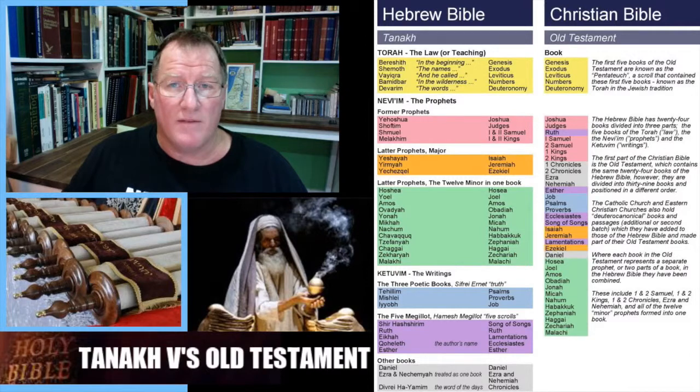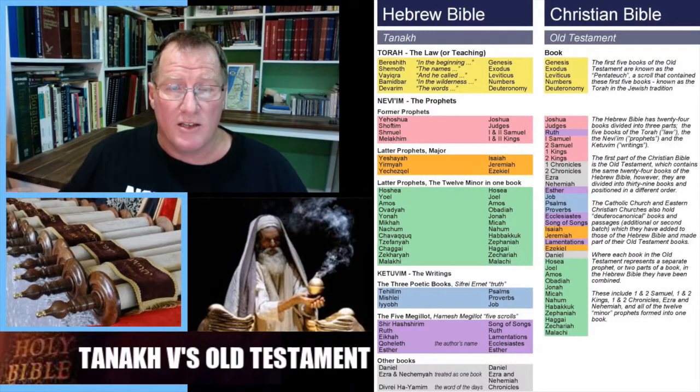So on the left there, if you look, you can see the word for Samuel, Shmuel, is actually only one. It's not listed as 1 and 2 books. And the word for Kings there, Melachim, is only listed as one again, and not listed as 1 and 2 books of Kings as it is in the Christian Bible.